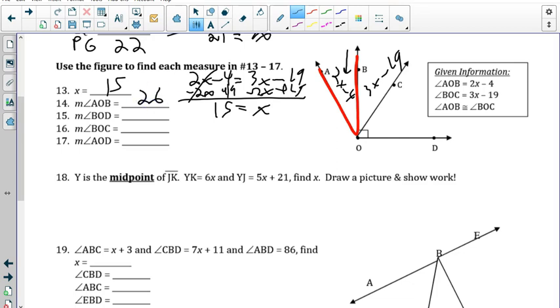BOD, be careful. B to the O to the D. Notice what that is. That is 90 degrees. No calculation needed. BOC. Well, we know BOC and AOB are the same, so that is 26. Now careful, here's the difficult or challenging one, AOD.